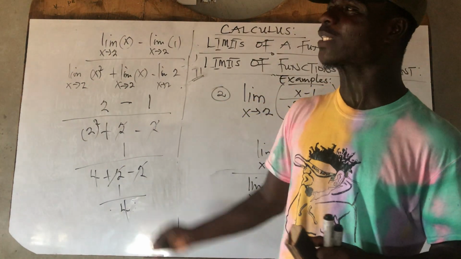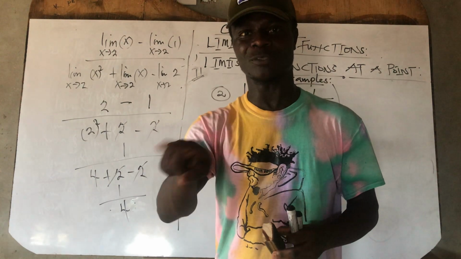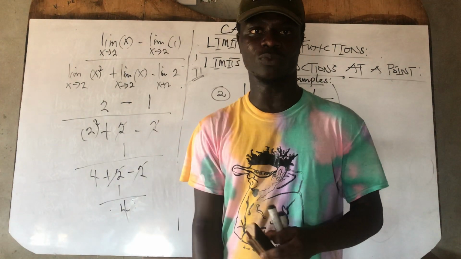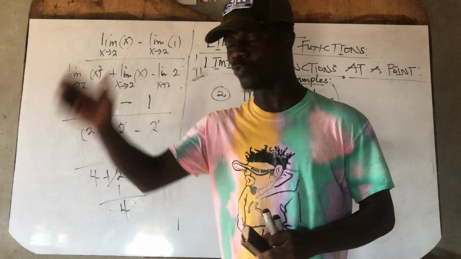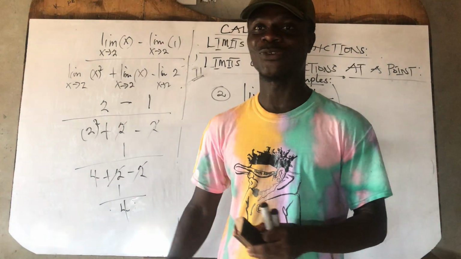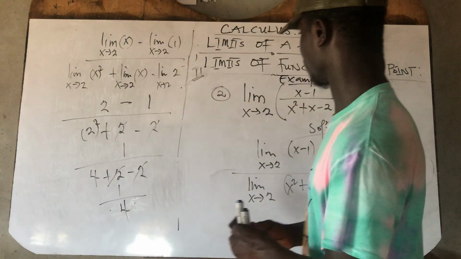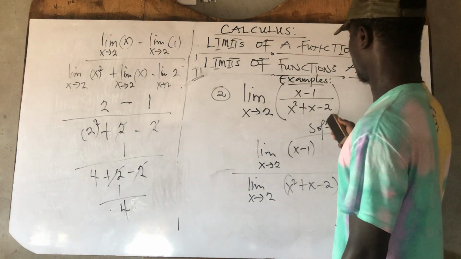And if you cannot simplify the function, then direct substitution is what is required of you. There are sometimes you can't do simplification, because when you do it, it bounces back to you. So you have to do substitution, and that will help to find the limiting value of the function.